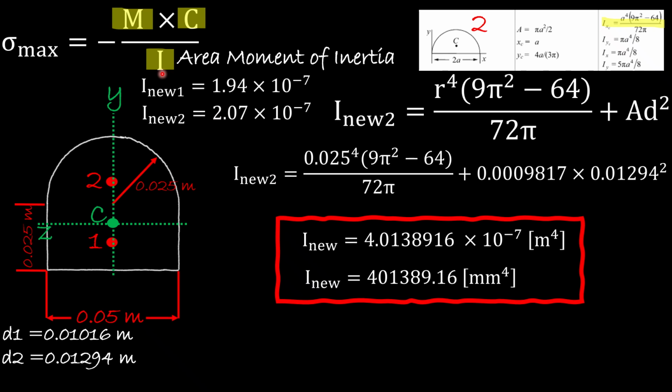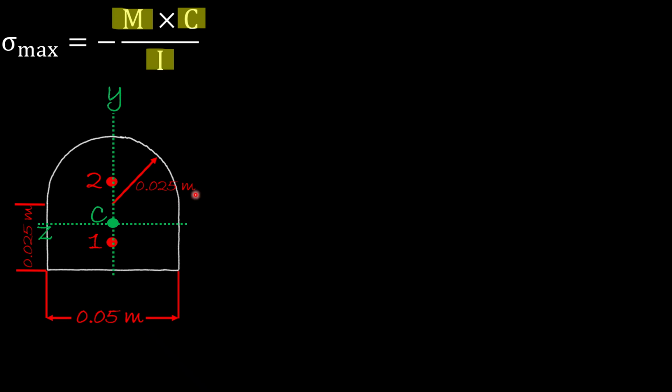Now we have the M, we have the C, we have the I. It's only a matter of plugging in the values that we found to know the maximum compressive and tensile stresses. Let's recall that from the neutral plane all the way to the top is our top portion, 0.02734.